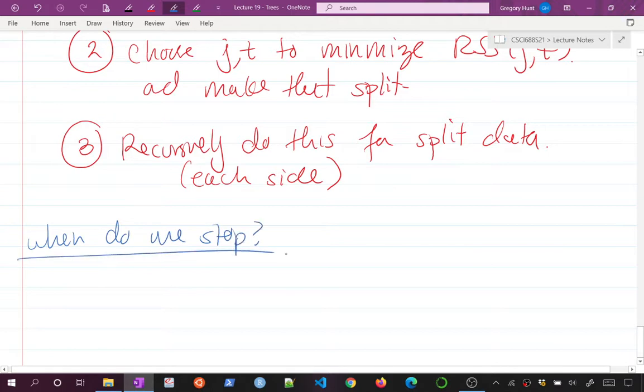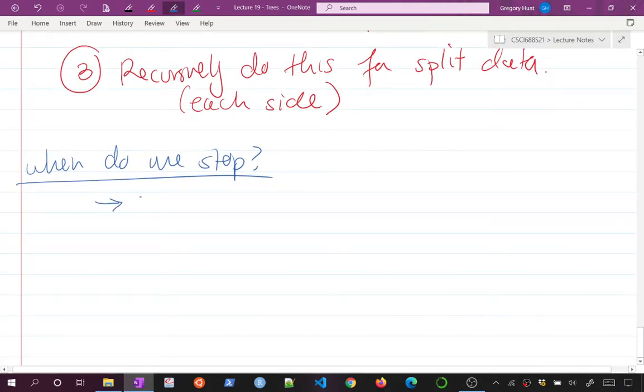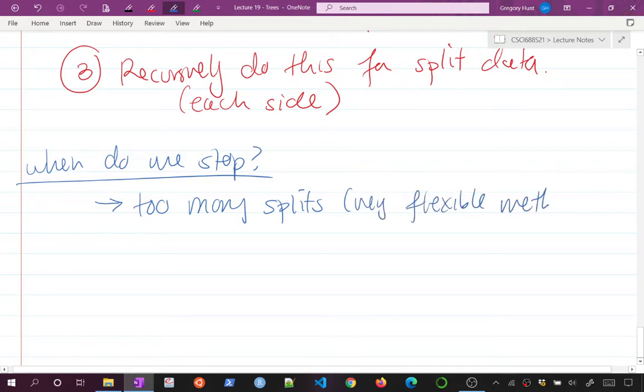Because you could keep recursively doing this, but maybe you don't want to do this forever, right? What are the concerns here? If we have too many splits, what if I split 1,000 different times? Basically, we're building a very flexible method, because I've split my space into many thousands of rectangles.